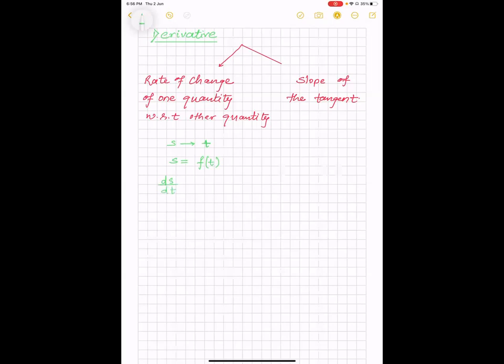It means derivative of S with respect to T.